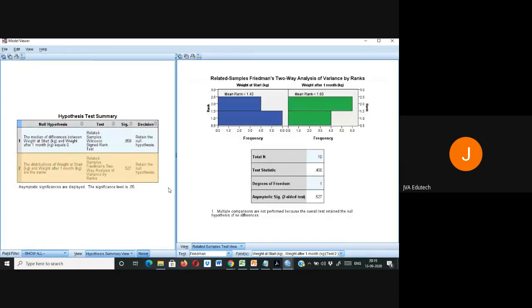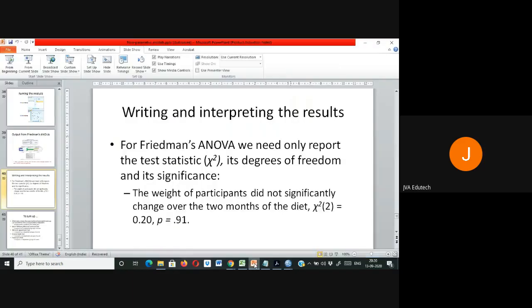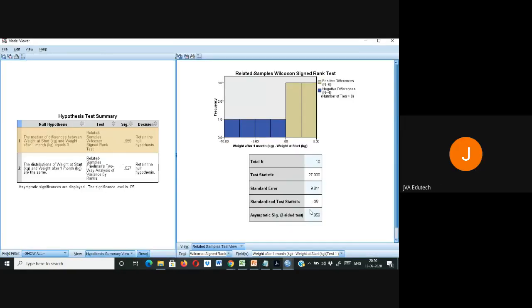What is the Z statistic you are getting here? 0.051, isn't it? So simply you divide this 0.051 by root 20, because now you have 10 participants from group 1 and 10 participants from, means at the start of the diet and compared to 1 month.